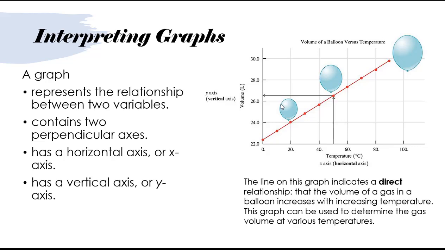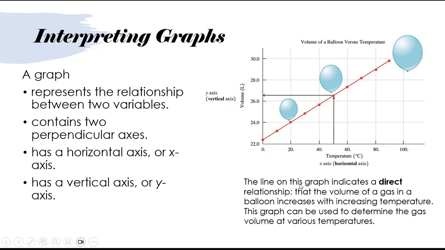All right, another important skill is interpreting graphs. If you remember, a graph represents the relationship between two variables, often a dependent and independent variable. It contains two perpendicular axes that each represent one of the variables. We have a horizontal or x-axis here and a vertical or y-axis here.